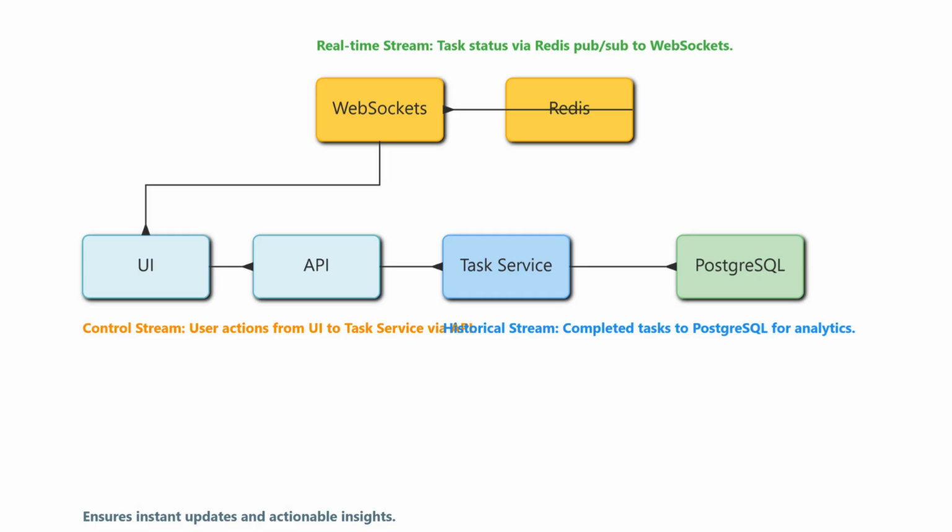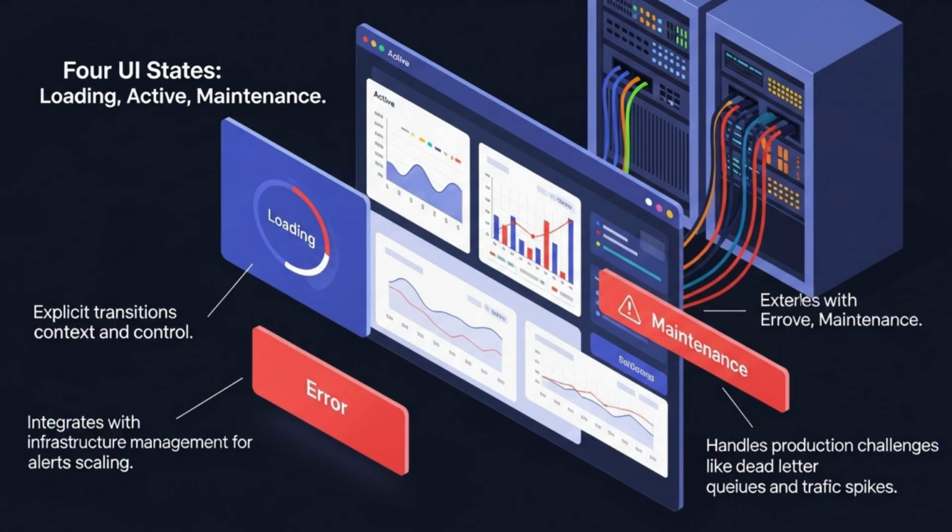A truly resilient dashboard needs a robust state management strategy. Our UI manages 4 distinct states to ensure a smooth user experience even under pressure. There's the loading state for initial data fetches and establishing WebSocket connections. The active state is when real-time updates are flowing and user interactions are fully enabled.